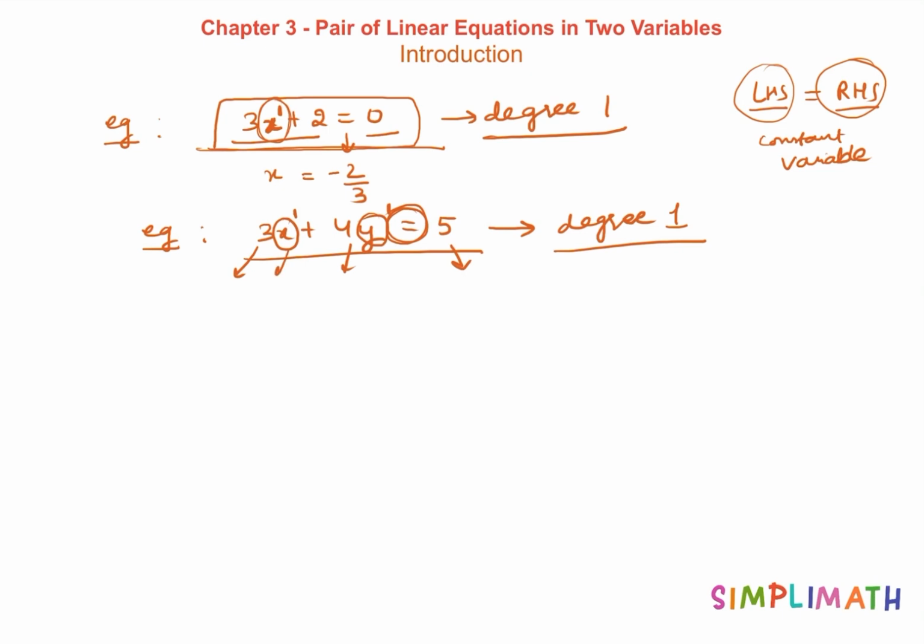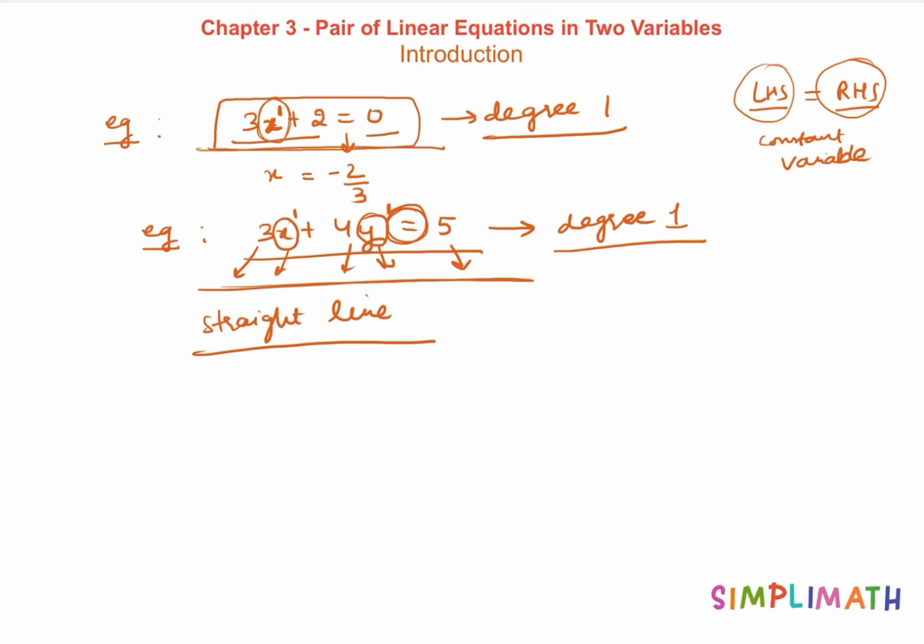And since there are two variables x and y, I can say that it is a linear equation in two variables. Okay, now when we represent such equations graphically, we get a straight line. We get a straight line when we plot them on a graph.